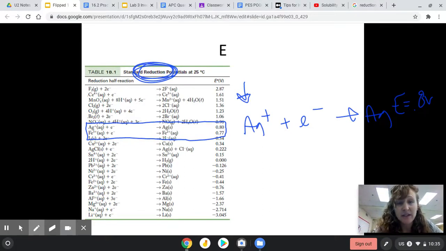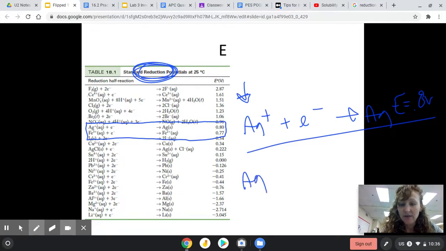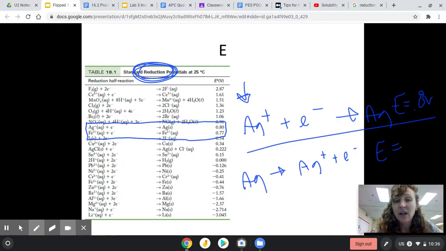All of the things listed in this chart are being reduced. So if you want them to be oxidized, you have to flip the whole reaction here. So I can flip it. Okay, now I have silver, and that silver is going to split into the silver ion and one electron. And in this case, the cell potential would be flipped also, negative 0.8 volts.